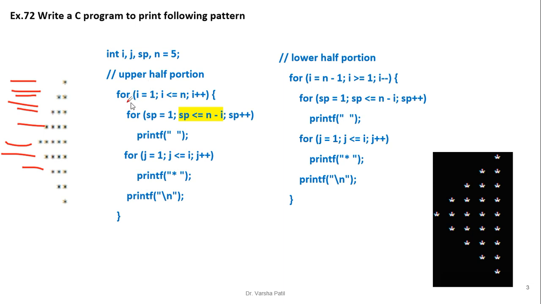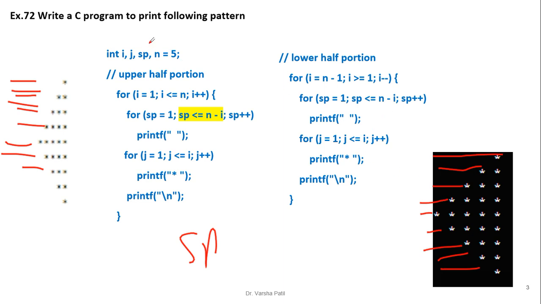So I have used for i equal to 1, i is less than or equal to n, i plus plus. Here we can use the space as a particular constant also, but here I used 4 spaces, then 3, 2, 1 and 0, again 1, 2, 3, 4, like that.